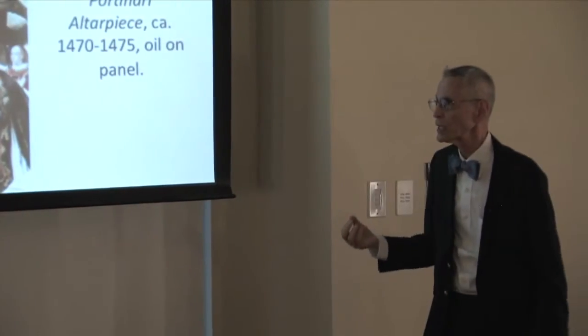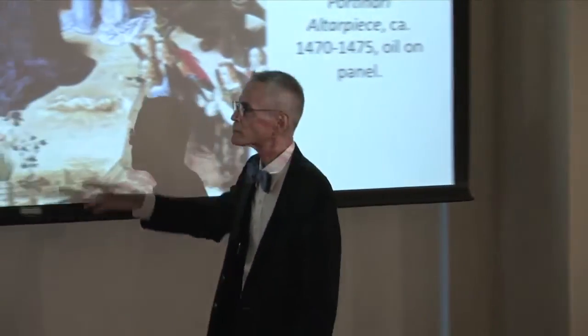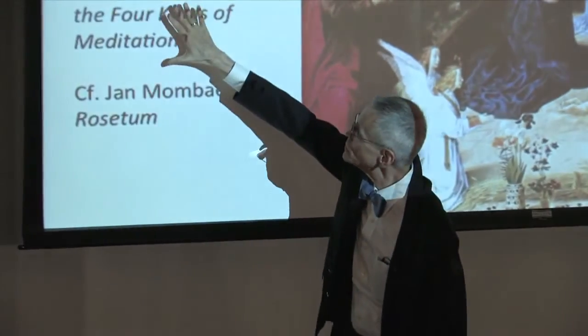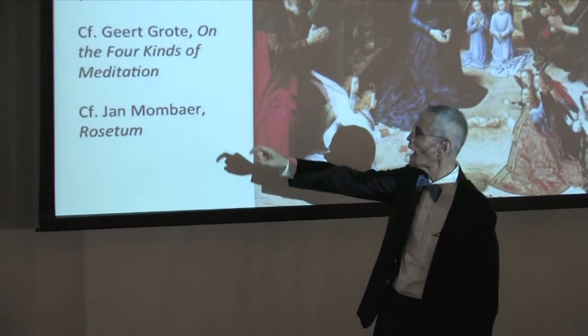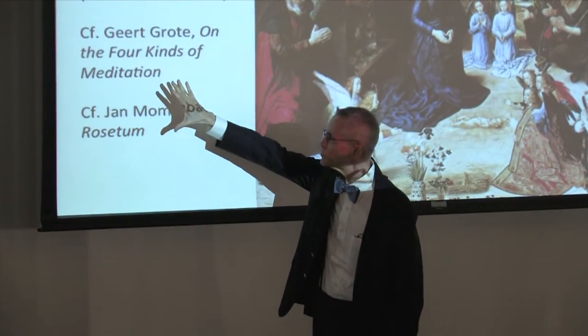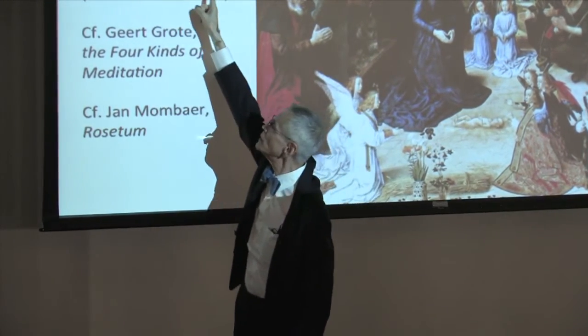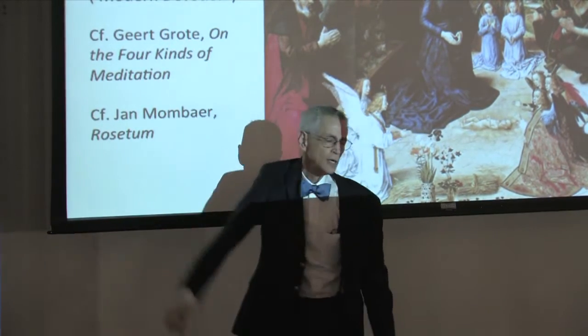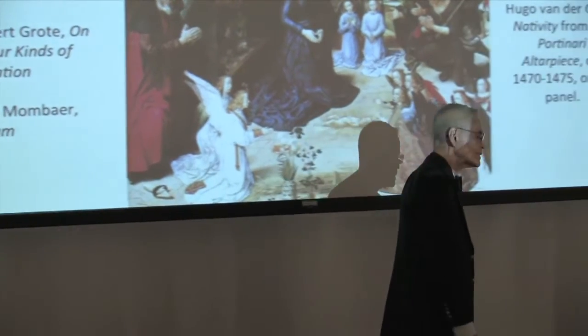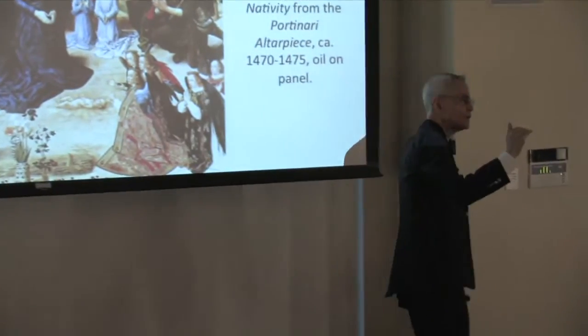Well, one of the places we can go to understand what's going on in this picture are these two texts, which are representative of the kinds of devotional literature circulating within religious communities that followed the devotional practices that came to be known as the modern devotion.